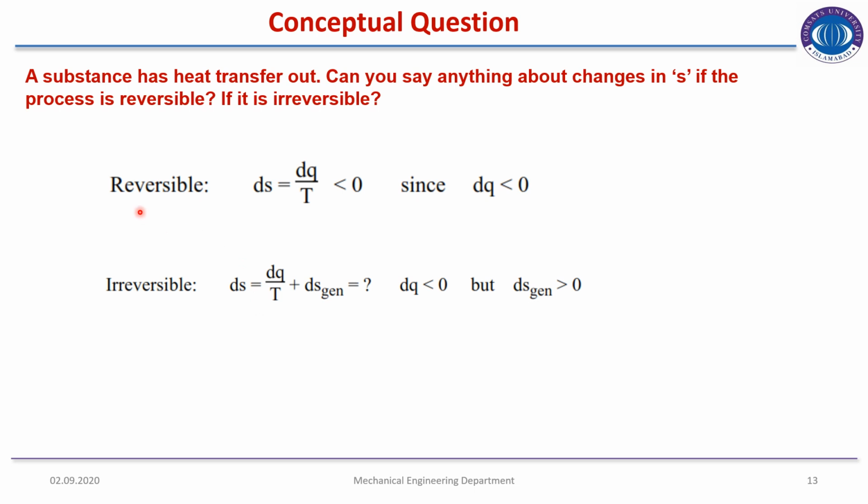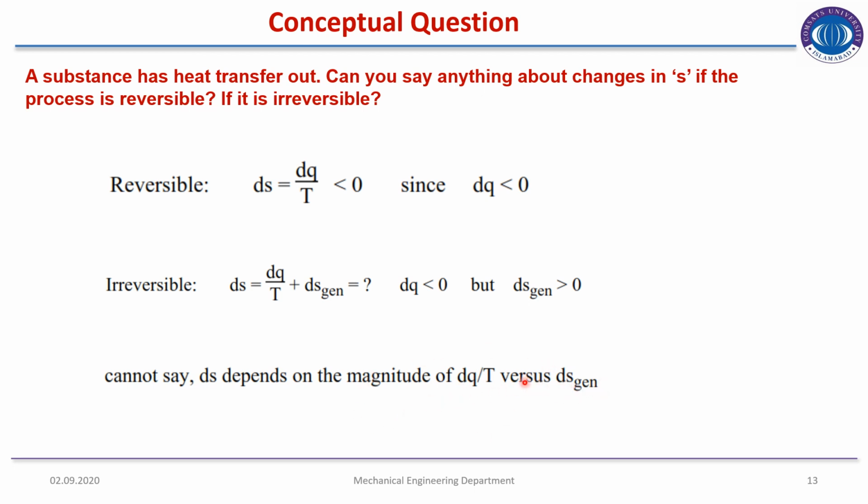So for a reversible process, there will be no entropy generated, but for an irreversible process there will be entropy transfer plus entropy generation. So we cannot say dS depends on the magnitude of dQ by T versus dS gen.